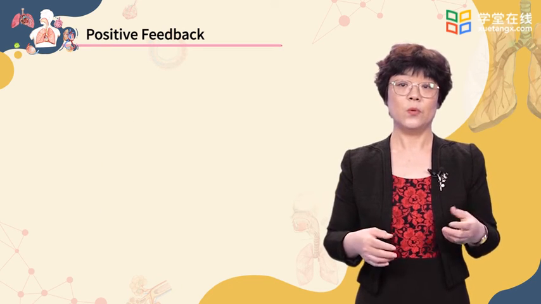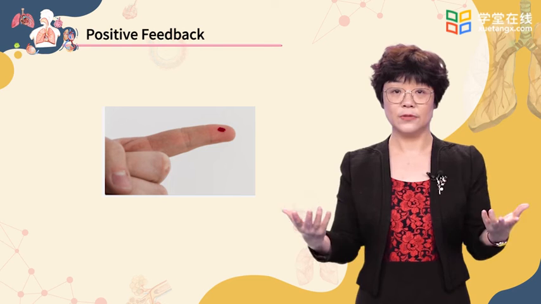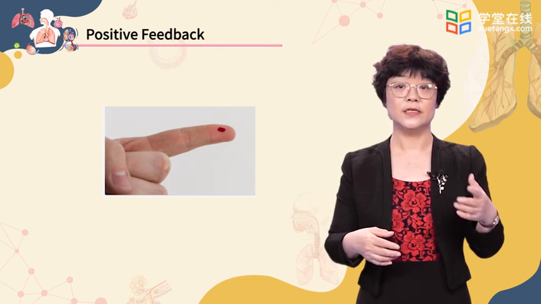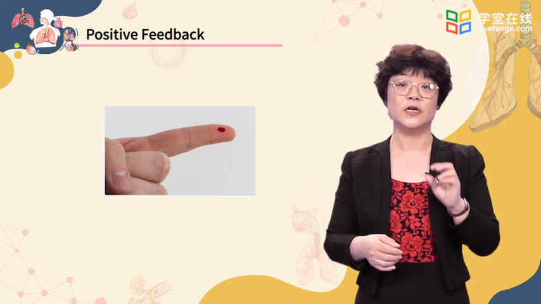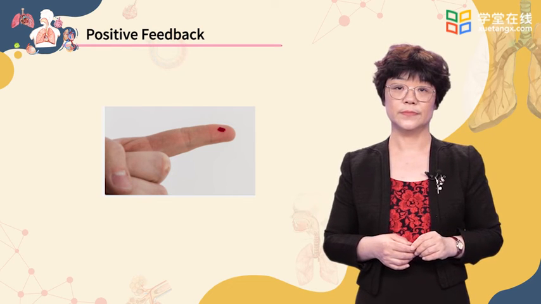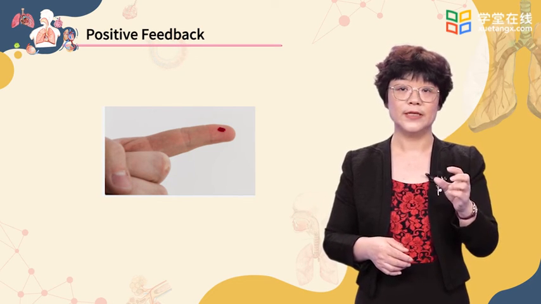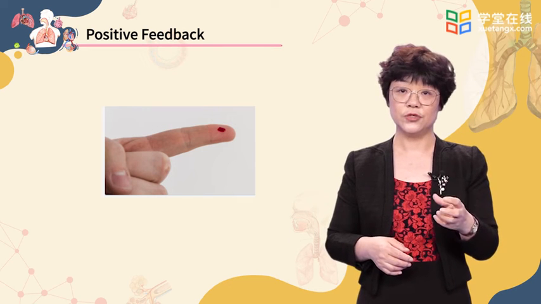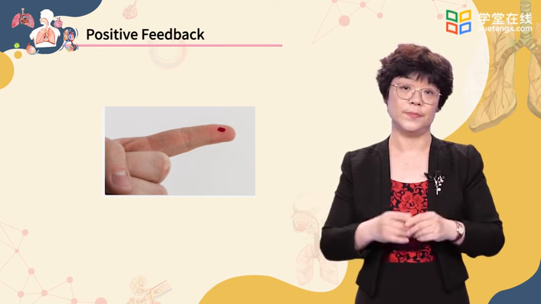For example, when you cut your finger, blood starts to come out, and bleeding stops within a few minutes because of the formation of a blood clot. This blood clotting is a normal response to a break in the wall of a blood vessel and is an excellent example of positive feedback.